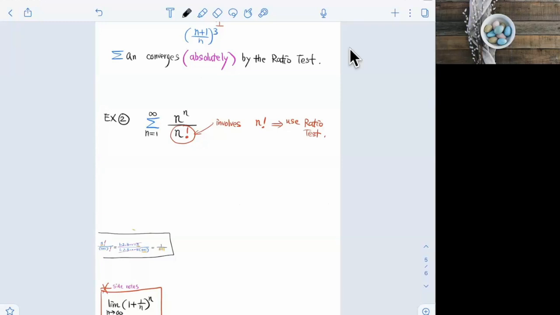Let's think about what happened to n factorial over (n+1) factorial. n factorial is 1 times 2 times all the way to n. What about (n+1) factorial? It's 1 times 2 times all the way to n, and then one more factor, which is n+1.